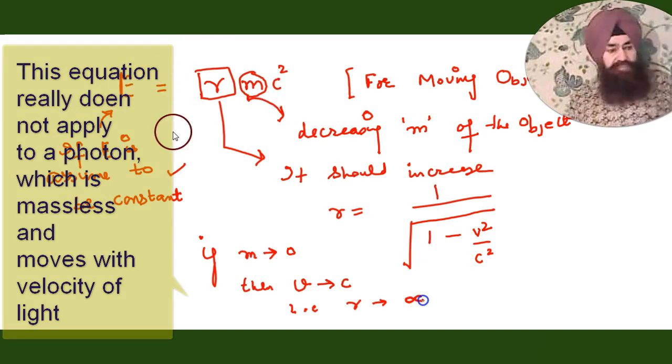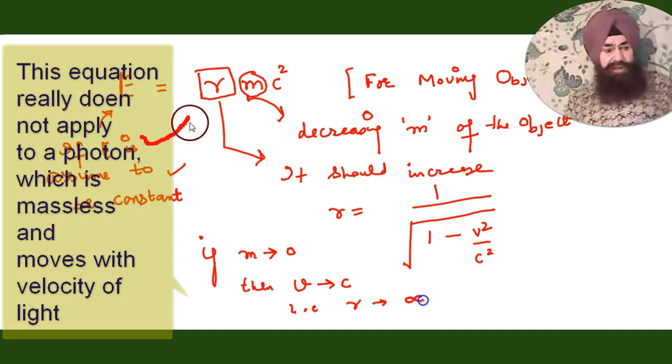So now there is a problem for the photon. Photon is massless. Photon is not having any mass. Photon is an energy packet as well as massless. If it is massless, the value of m equals 0, but the photon has energy.